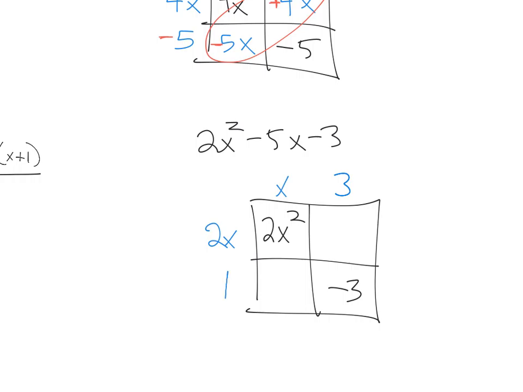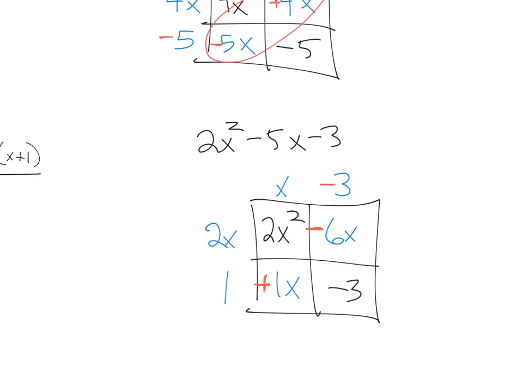And so now when I do my internal terms, I get 6x and I get 1x. Now it's going to work. So how do I get these internal terms to equal negative 5x? That's going to make it a negative 6x and a positive 1x.